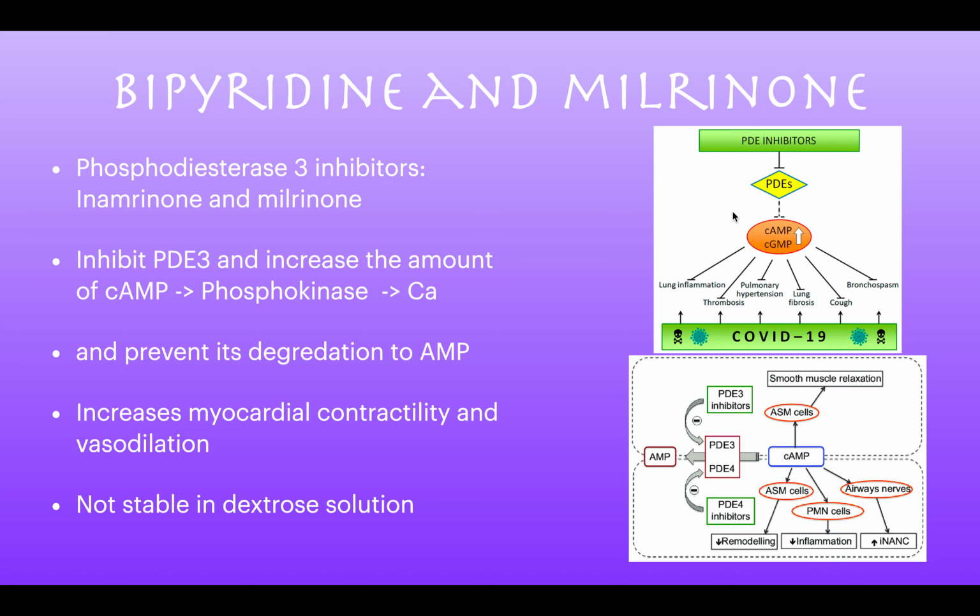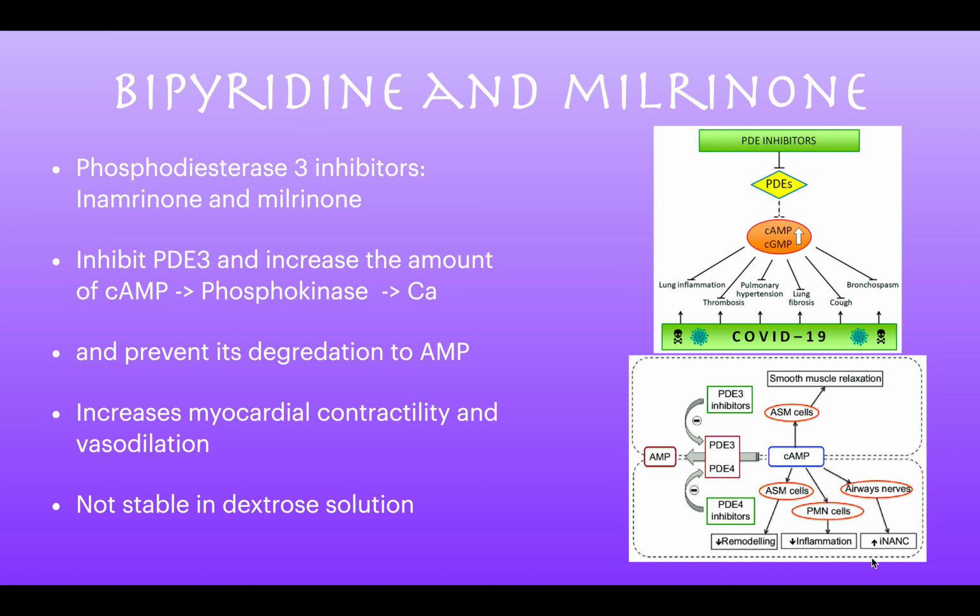Good things in these bad times: PDE inhibitors are pretty useful against COVID-19 because they increase cAMP, and it helps with all of these problems, because we want the smooth muscle relaxation, we want the airway to relax, and we want to decrease inflammation and decrease remodeling.